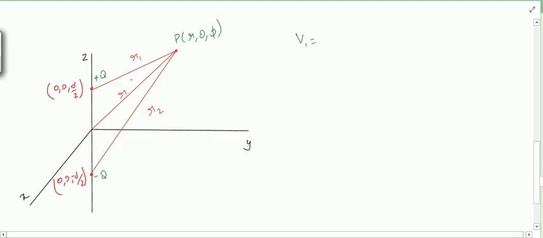I can find first V1, the potential due to this charge at this point. It will be nothing but q by 4 pi epsilon naught r1, right? So this will be the value of potential at this point due to this charge. Now what will be the value of potential due to this minus q charge? It will be q by 4 pi epsilon naught r2.